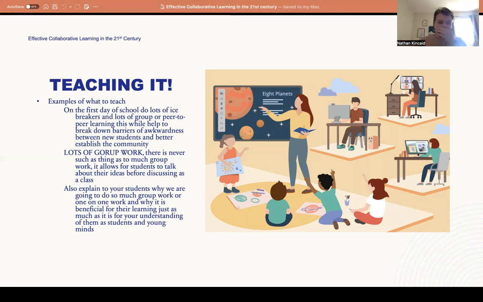And then finally, also give examples to your students. Why are we doing so much group work? If you're teaching 4th grade, they've had years beforehand where they didn't do a lot of maybe group work, and this is totally new to them. So giving them the reasons why you're doing this, because that's going to help increase your responsibility as a student. It's going to help increase your self-esteem. It's going to help us become a better community, because we're all going to know each other and all become better.